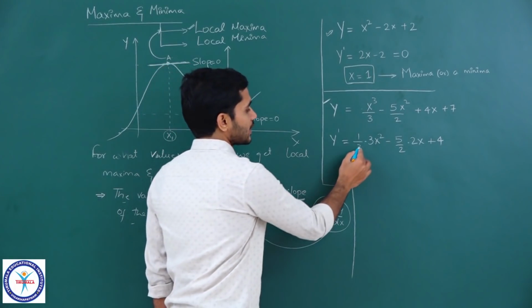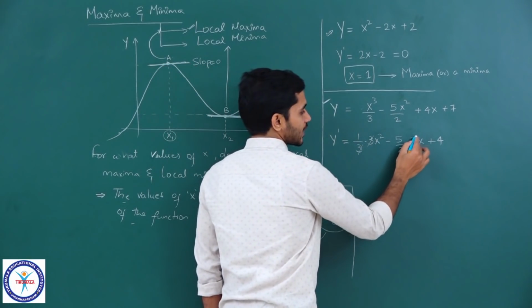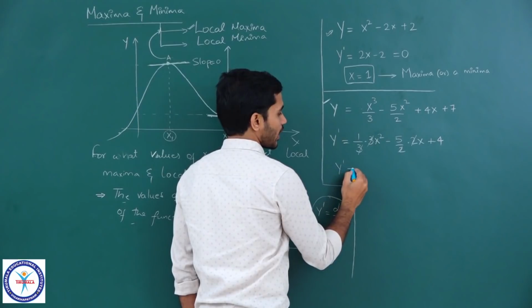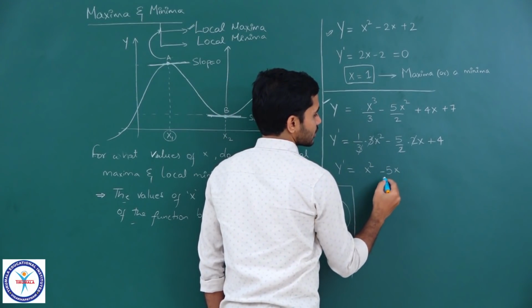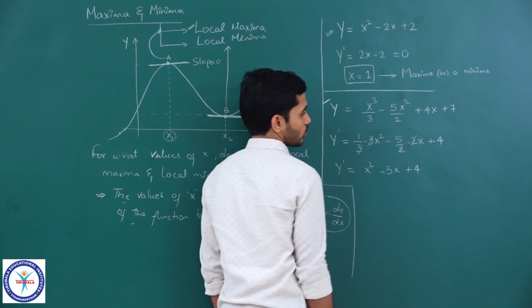Now, 3 and 3 get cancelled, 2 and 2 get cancelled, and finally I have y dash is equal to x square minus 5x plus 4.